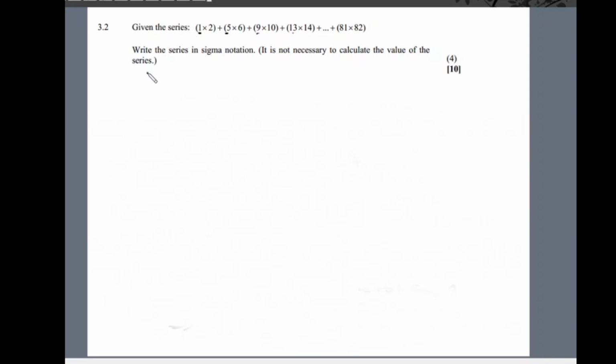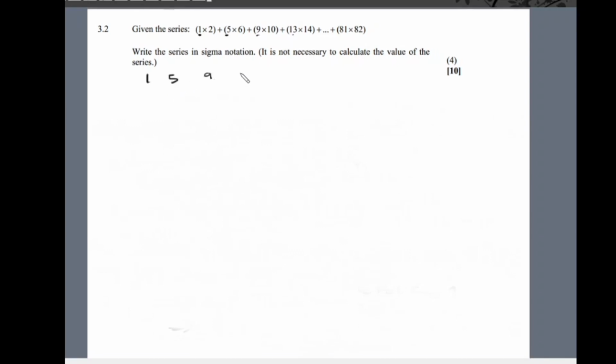Notice the number to the right of this multiplication sign is 1 more than the number to the left. So if you say 1 plus 1 is 2, 5 plus 1 is 6, 9 plus 1 is 10, 13 plus 1 is 14, and 81 plus 1 is 82.